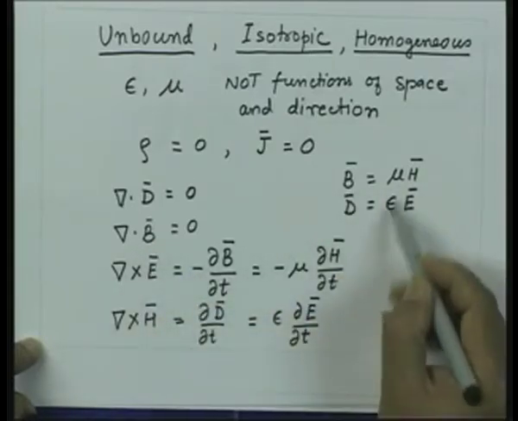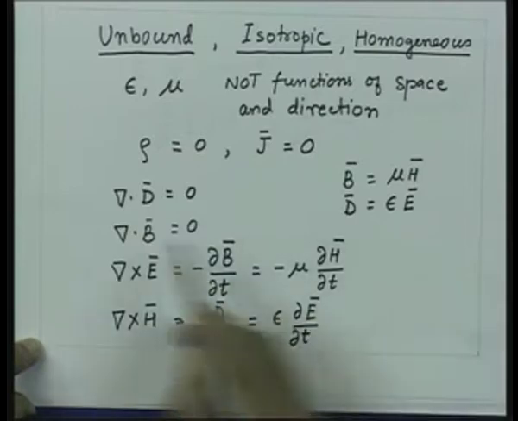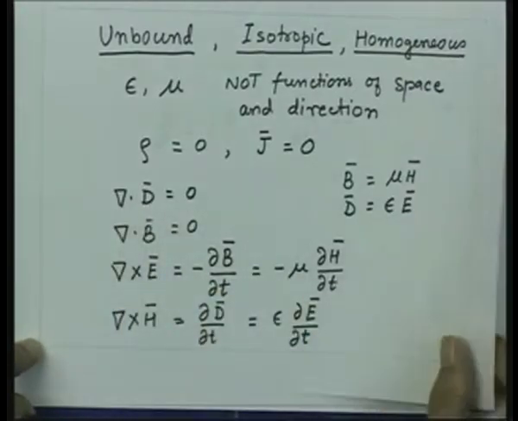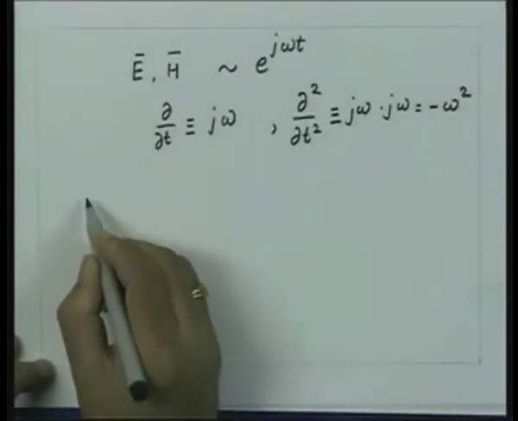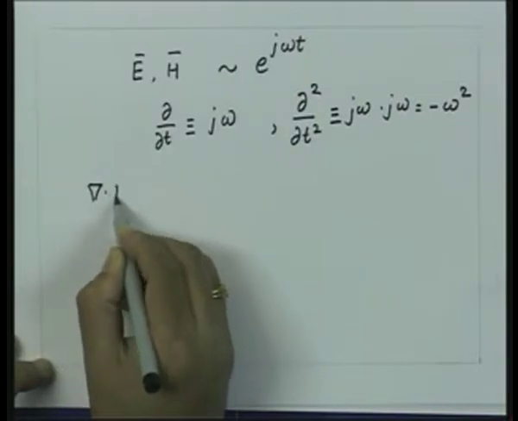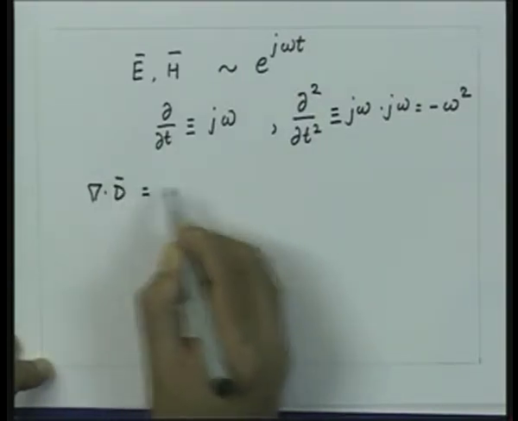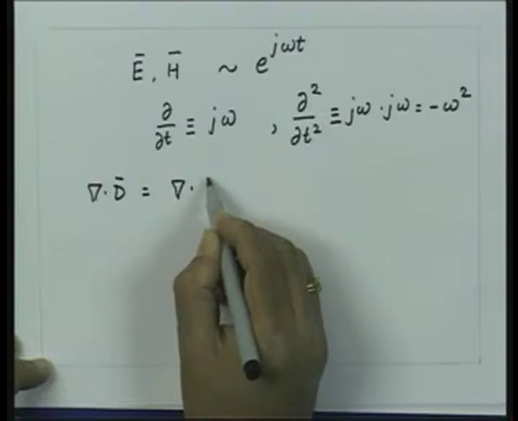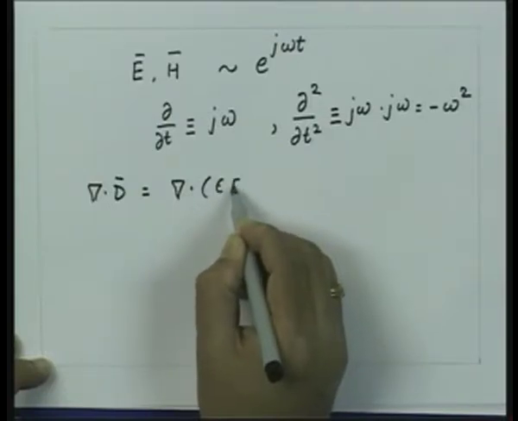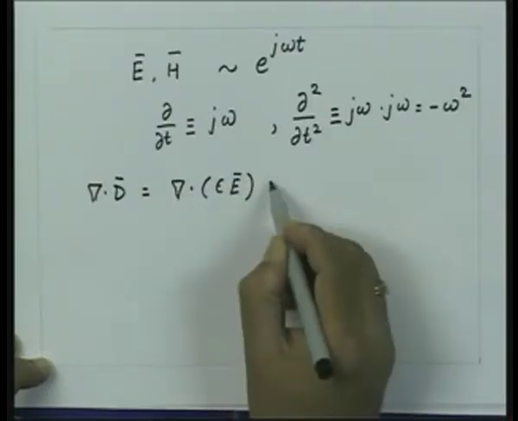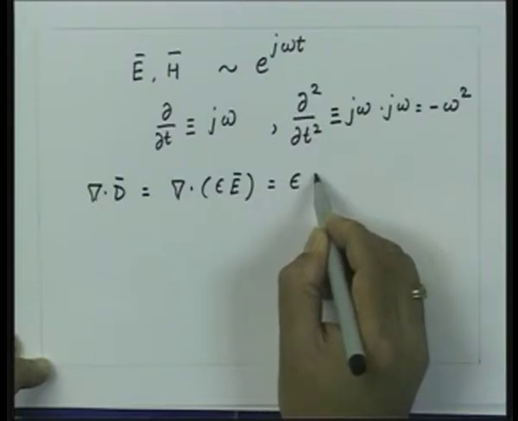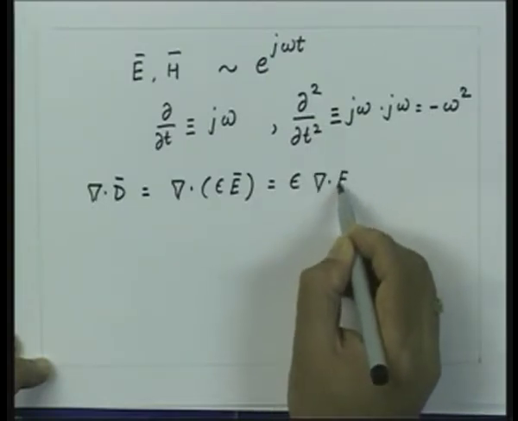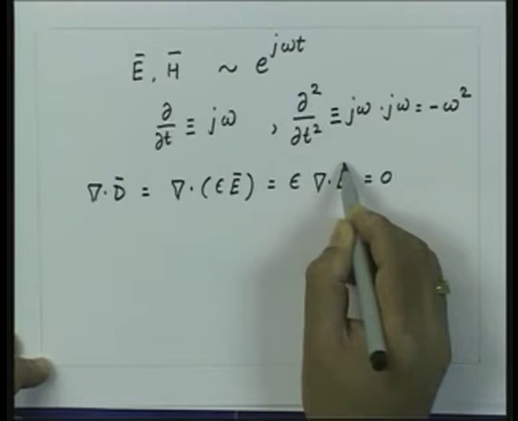And since mu and epsilon are not functions of space, they can be taken outside the del sign. So we can now finally write the equation del dot D is equal to del dot epsilon times E, that is equal to epsilon del dot E should be equal to 0.